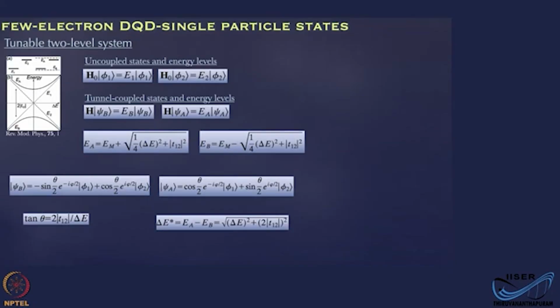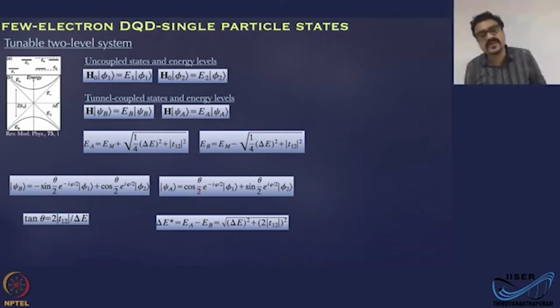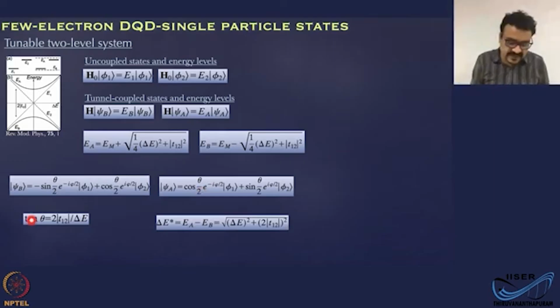Okay, and this is very simple mathematics which you have worked on, I'm pretty sure you have worked through this in some of the lectures in chemistry or even quantum mechanics. Okay, and this psi B and psi A are the wave functions for bonding and anti-bonding. And the psi B and psi A are actually linear combinations of phi1 and phi2, okay, with some phase term. And theta is given by this relation.